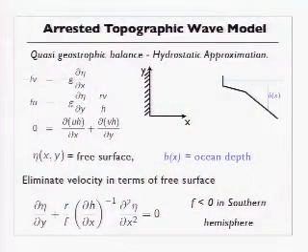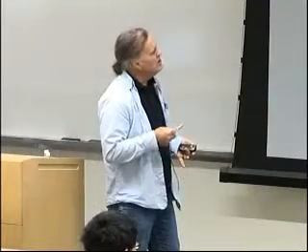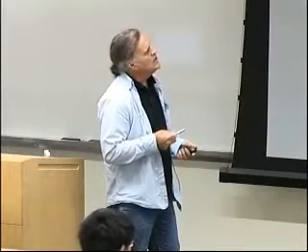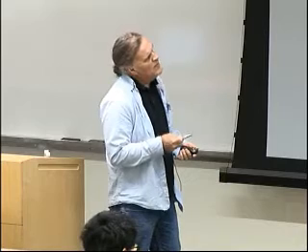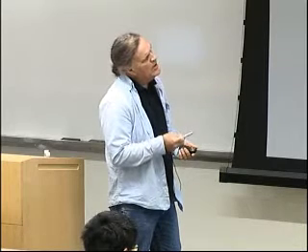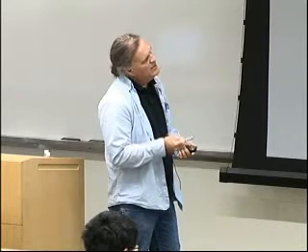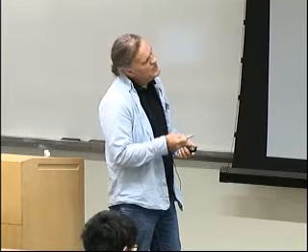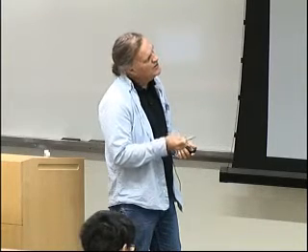This is a model. I don't want to go through any of the details of a derivation of a model which describes the free surface where you have a break in the slope down here that represents sort of the coastline of Argentina.